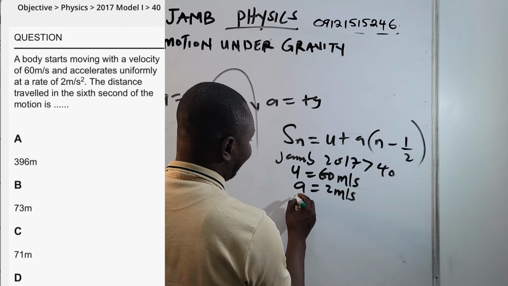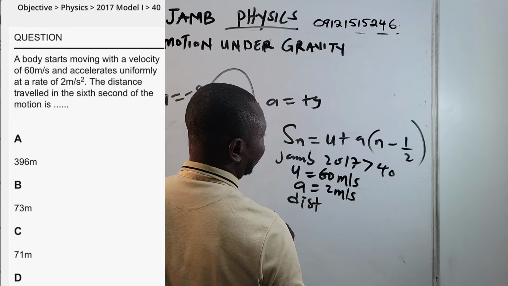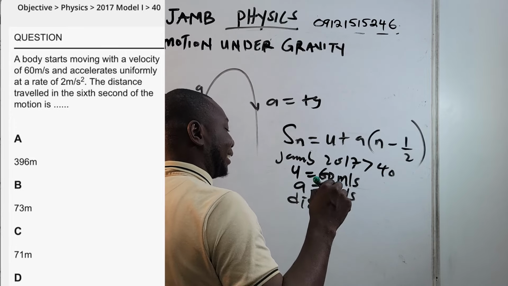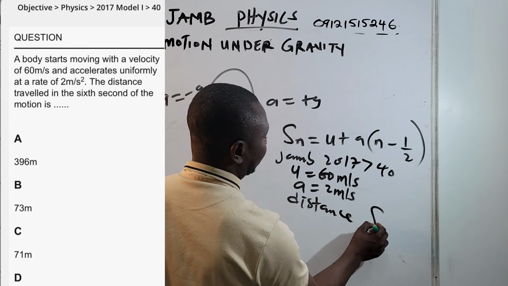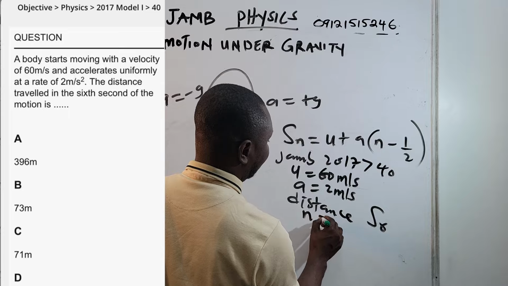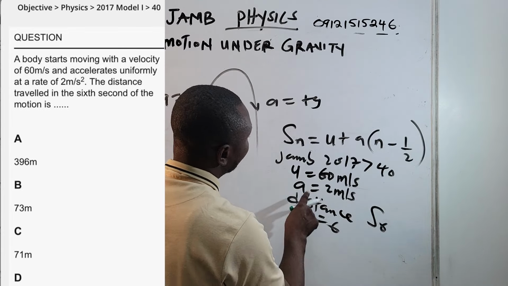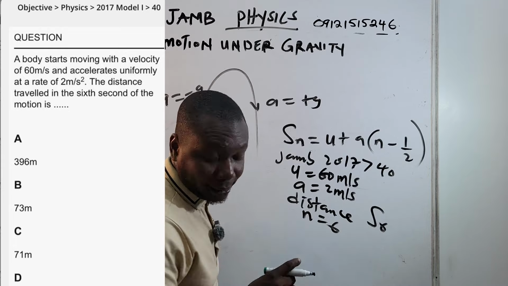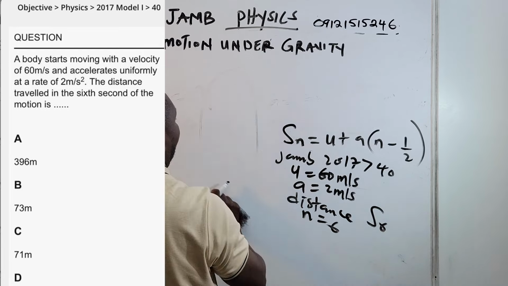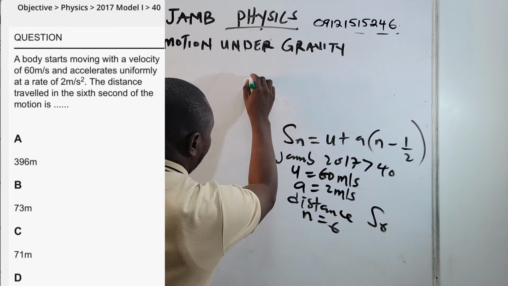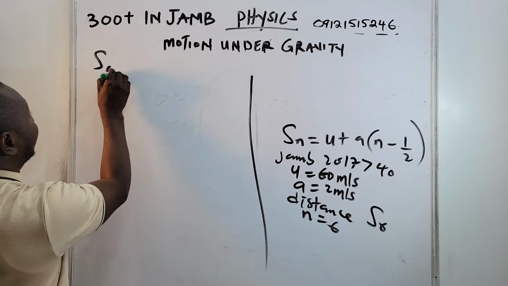For distance in the 6th second, n is 6, just like the nth term of an AP. So when n is 6, you just have x subscript 6.